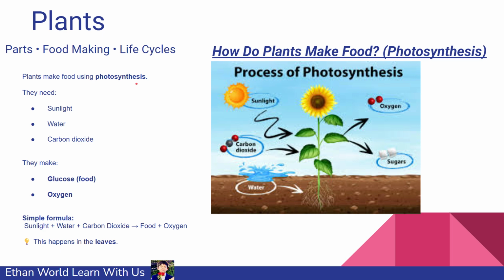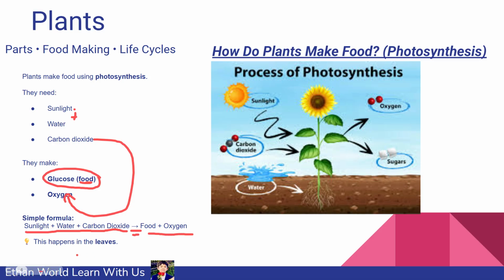The carbon dioxide is just turned into the oxygen, while if you add sunlight plus water, it makes glucose, which is another word for food. If you want to know a simple formula, it's sunlight plus water plus carbon dioxide is equal to food plus oxygen. But photosynthesis only happens in the leaves.